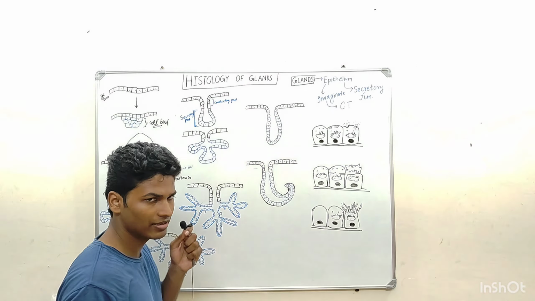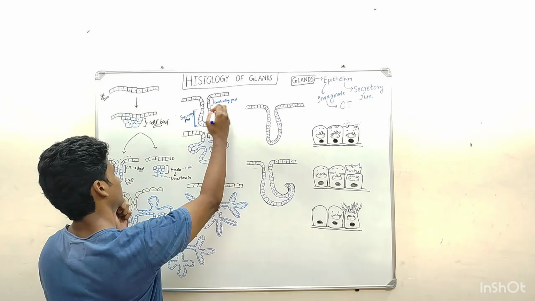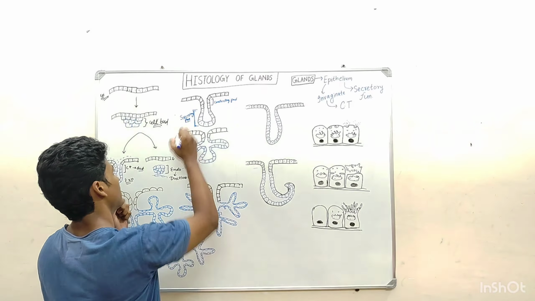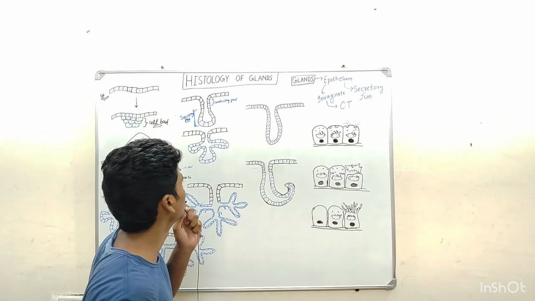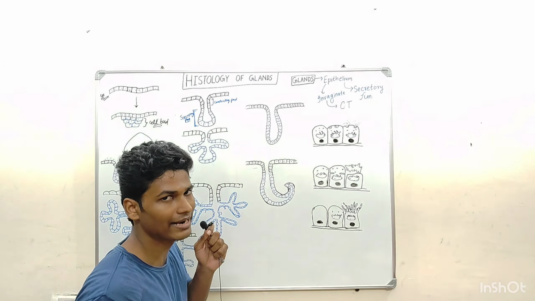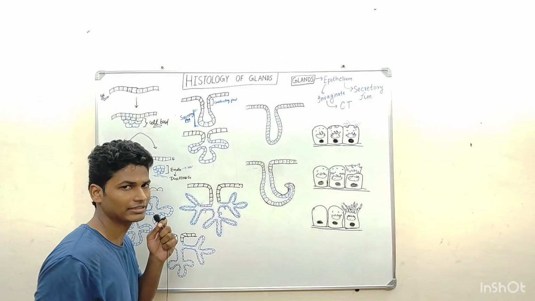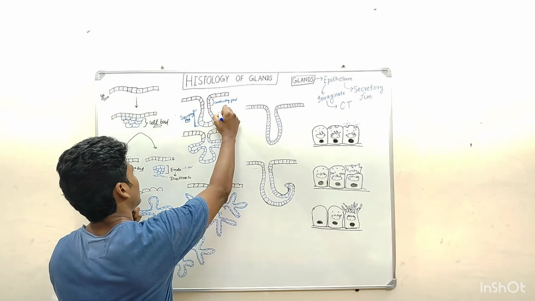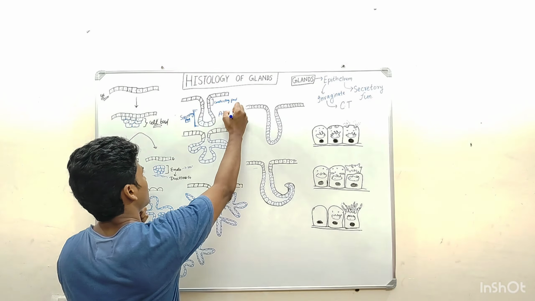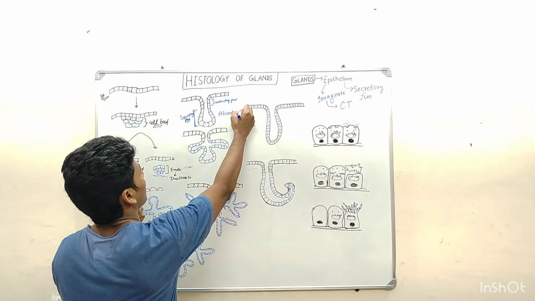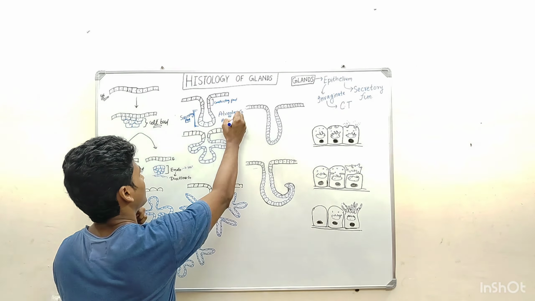So in this lecture, because we are talking about the exocrine gland, in the exocrine gland, on the basis of the shape of the secretory part, glands can be divided. If it looks like alveoli, or you can say a balloon, that gland is called an alveolar gland, also called an acinar gland.